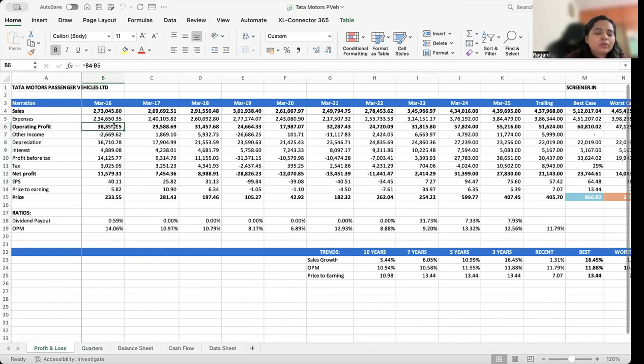For calculating operating profit, first we have to select the sales tab and subtract the expenses.